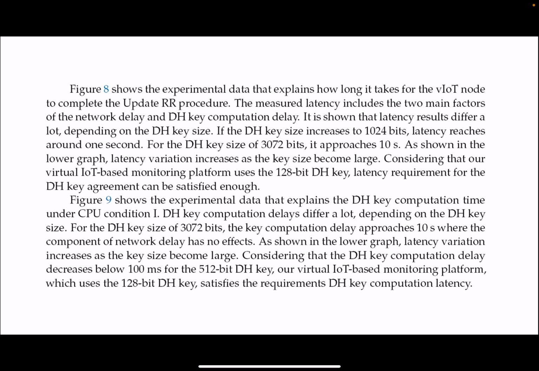It shows that latency results differ a lot depending on the DH size. If the DH size increases to 1024 bits, latency reaches 1 second. For DH keys of 3072 bits, it approaches 10 seconds, as shown in the lower graph.